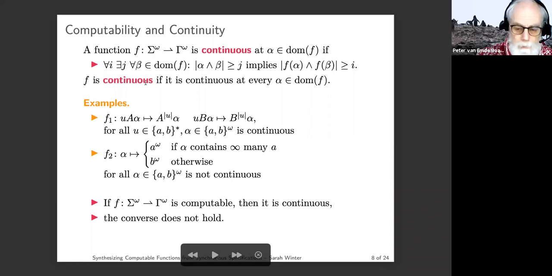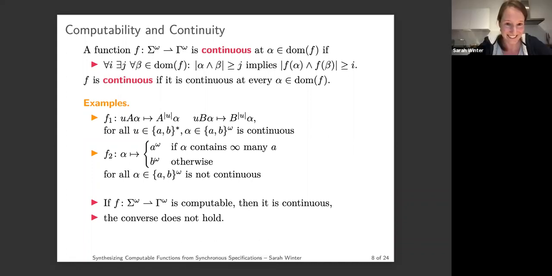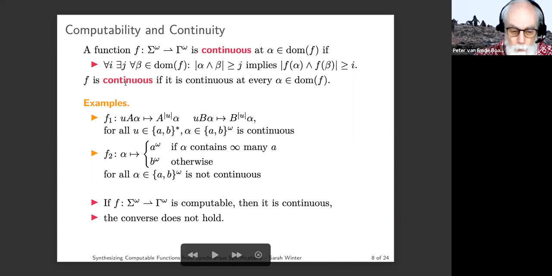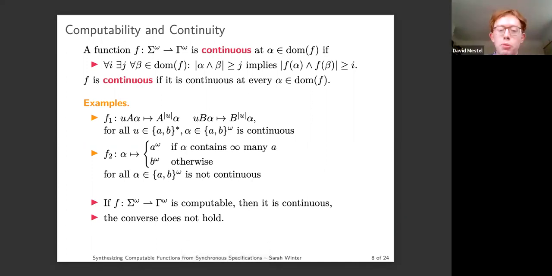I believe that the crux is that your index i may depend on the input string alpha. Yes. It's not uniform continuity. Yeah, exactly. Oh, I'm sorry. Okay, I now understand.